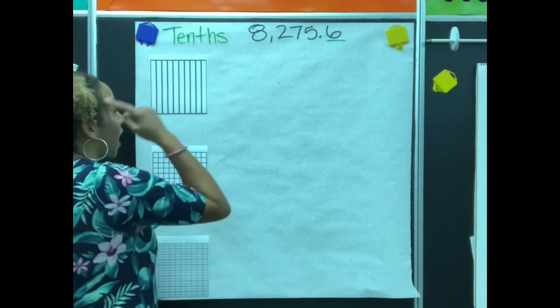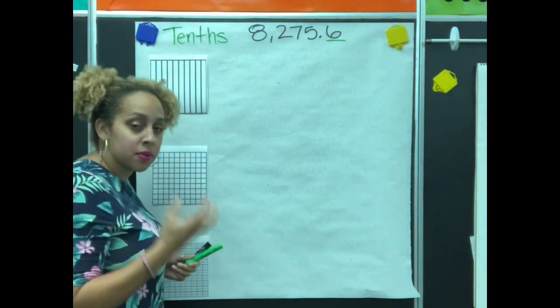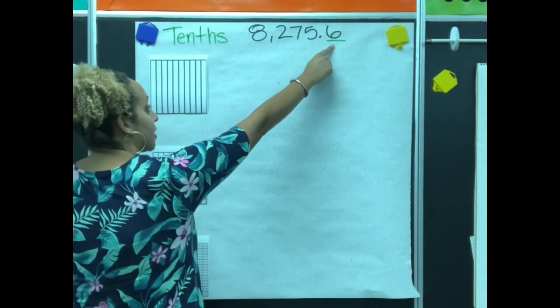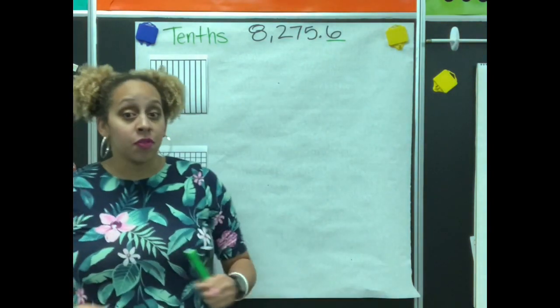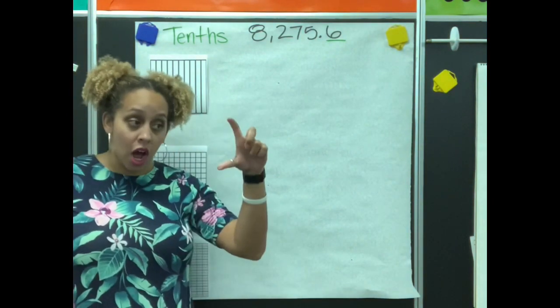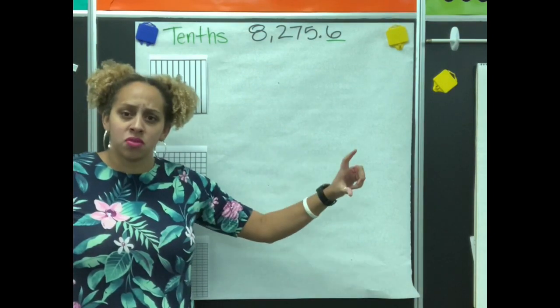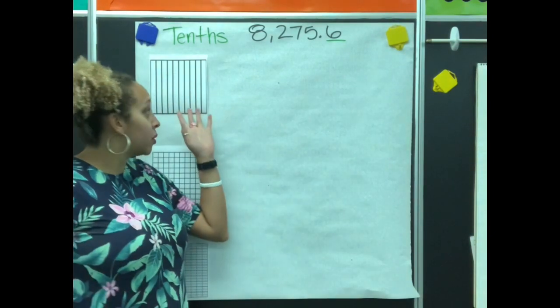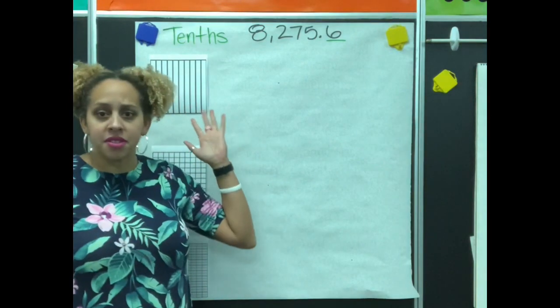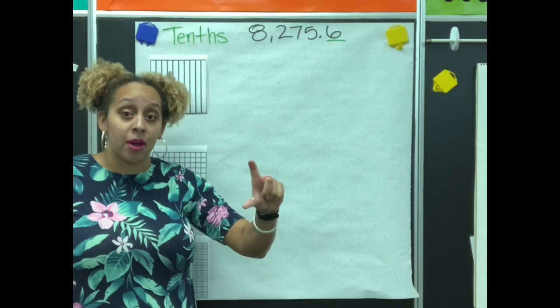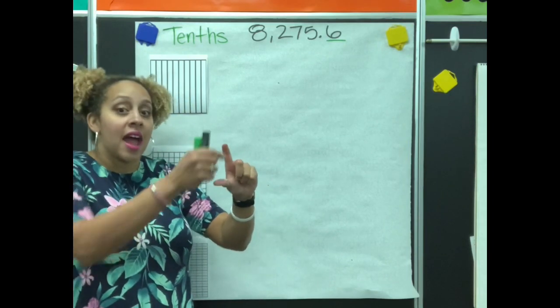Now we're going to color in to show that we're representing how many? 6. And the reason why this is different from our tens rods is because we can have a bunch of tens rods. We can't really have more than 10 here. And the tens rods are separate because they're taking ones and adding them up.